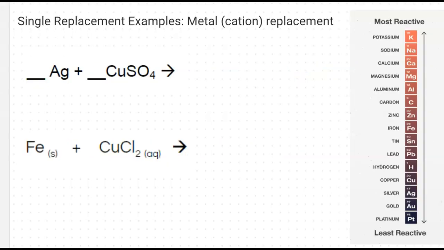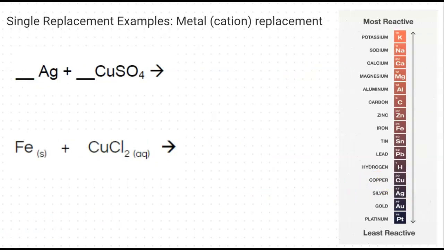So let's look at an example. For this one, I know that I have single replacement because I have a single element and I have an ionic compound. The next thing I have to do is check the reactivities. Here's my silver way down here, and copper is just right above it.